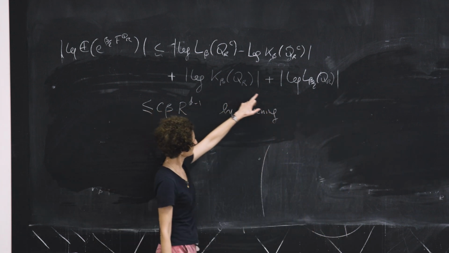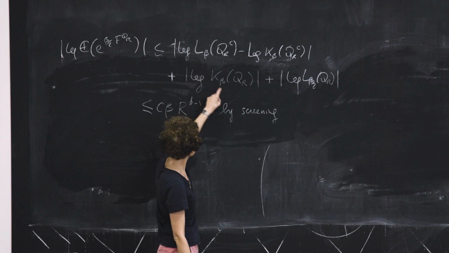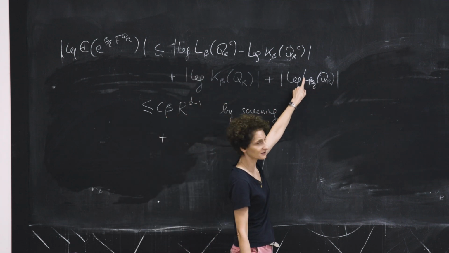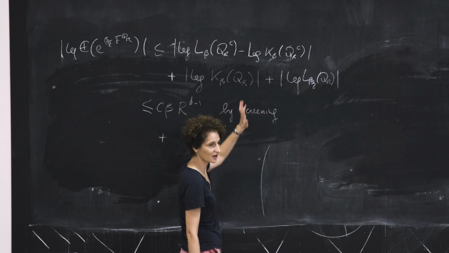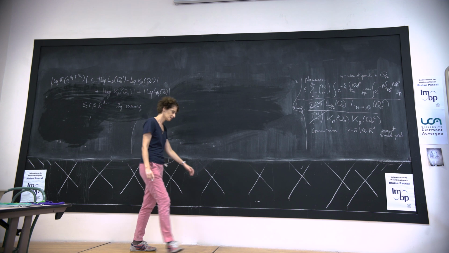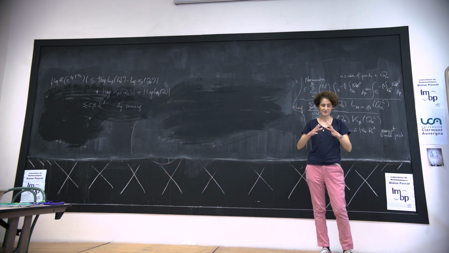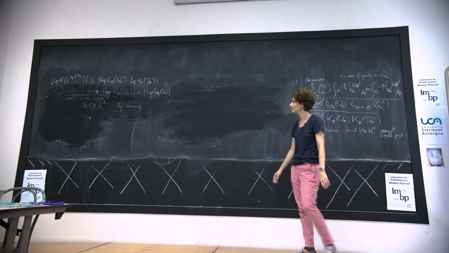And then these two guys, we just bound with a priori bounds. So this one is actually very similar to the one with k, again by screening if we want. And for the log k's, we have a priori bounds, which I didn't detail, but it's exactly the same as the a priori bounds when we have the whole space.